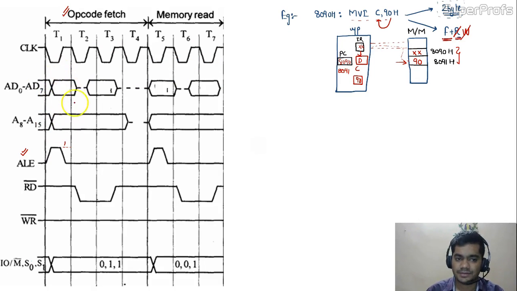These are the representation of transmission lines, or the buses available for addresses as well as data. So this would hold the address of the first memory, that is 8090.